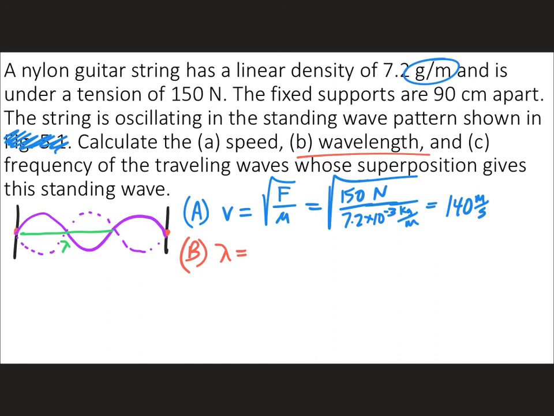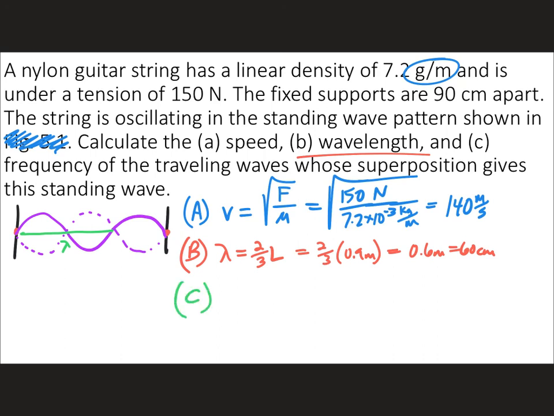It's going to be 2/3 of the length, the way this is set up, given that I know the nodes. So this is easy. 2/3 of the 0.9 meters, and I get 0.6 meters, or 60 centimeters, a more natural version of the number.